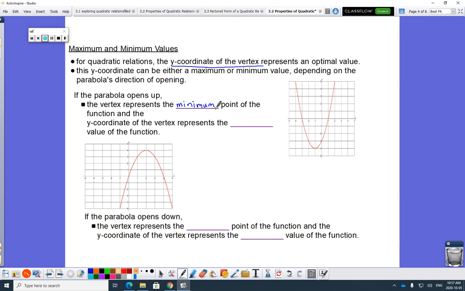I don't know if you want to draw arrows. So the y coordinate of the vertex is the minimum value of the function. If the parabola opens down, then the vertex is a maximum. And again, we're always looking at the y coordinate as the maximum value.